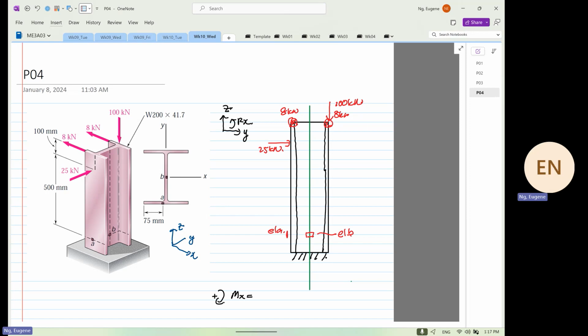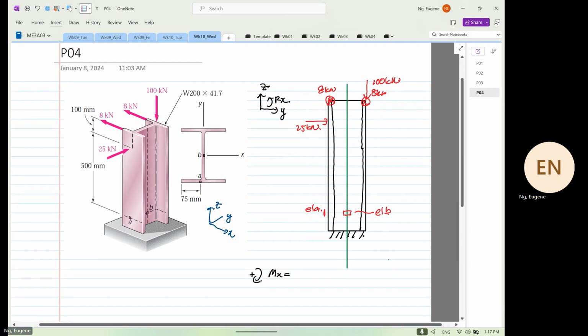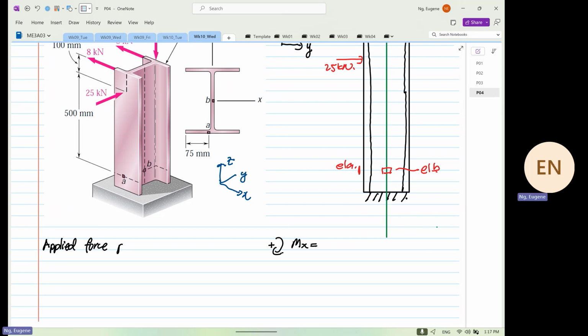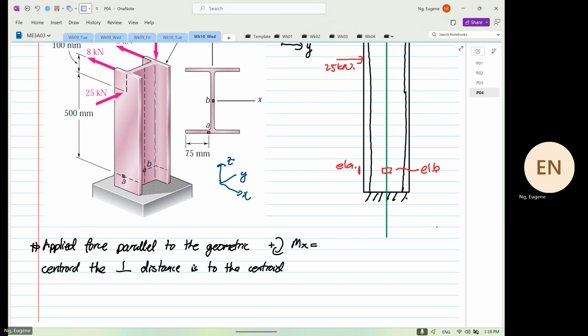I'll write this down. Number 1: whenever the applied force is parallel to the geometric centroid, the perpendicular distance is to the centroid.